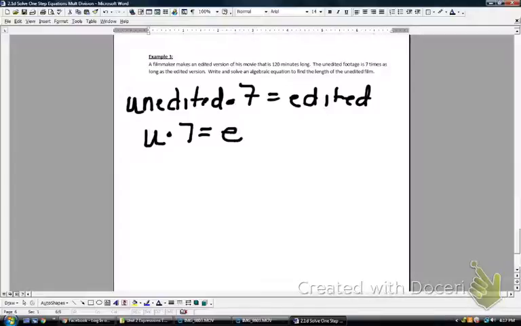I'm trying to think, do I know any of these? Because I have 2 variables and I can't really do anything with that. So here, I go back up to the problem, and it says the edited version of his movie is... This is not written right. I have this wrong. Let's erase this.